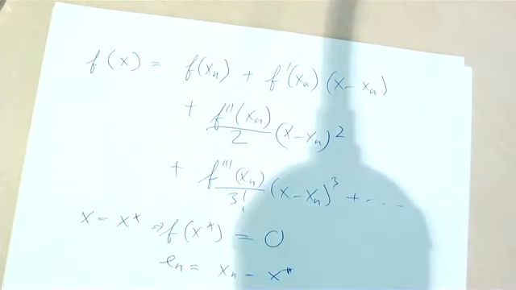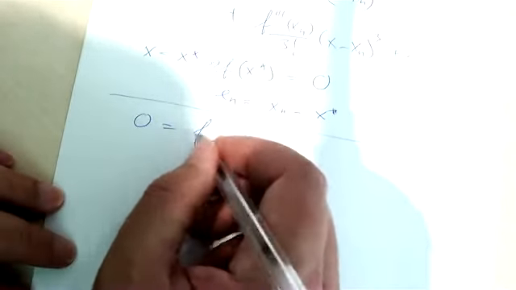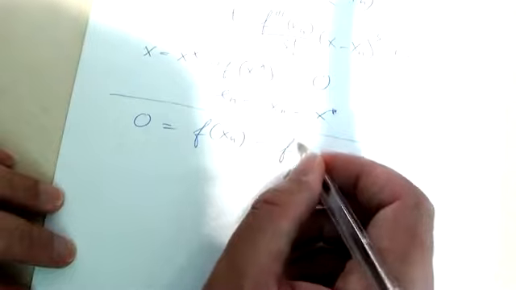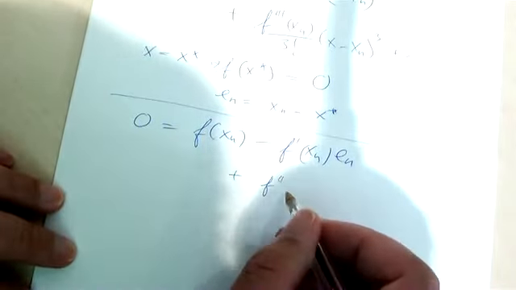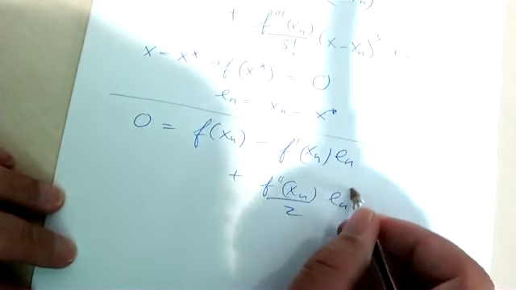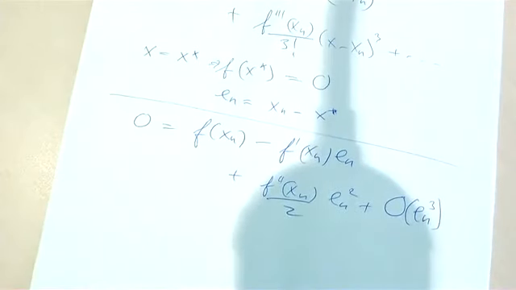So that is how I got this equation: 0 equals f x_n minus f prime x_n e_n plus, because you square it, the minus squared becomes plus again, f double prime e_n squared over 2, and I ignore the higher order terms, so I just write big O notation. So that is exactly this equation. Okay. So far so good.